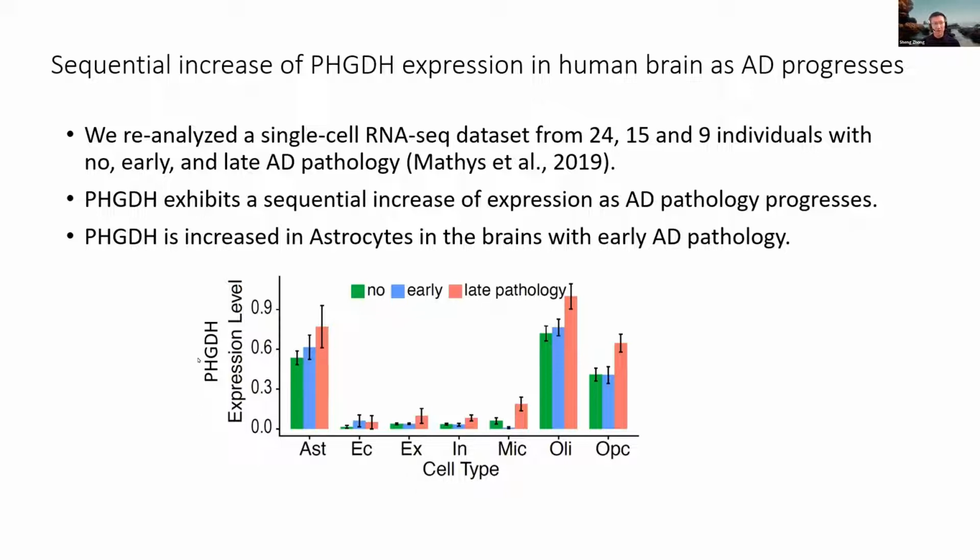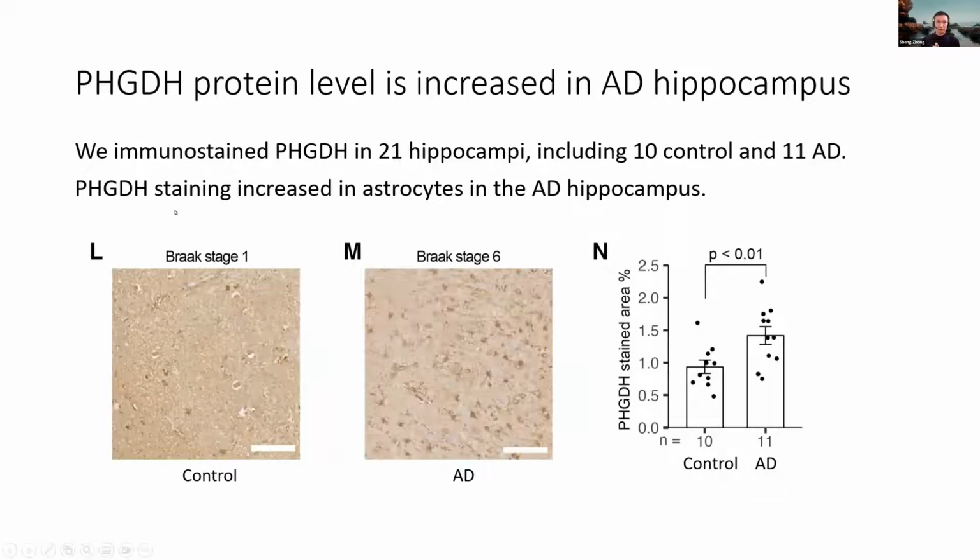And I promised to go into human hippocampus. So here at UCSD, we were able to carry out a study of 21 postmortem brains. We immunostained this protein in their hippocampuses, including 10 control and 11 AD brains. So here is an example.